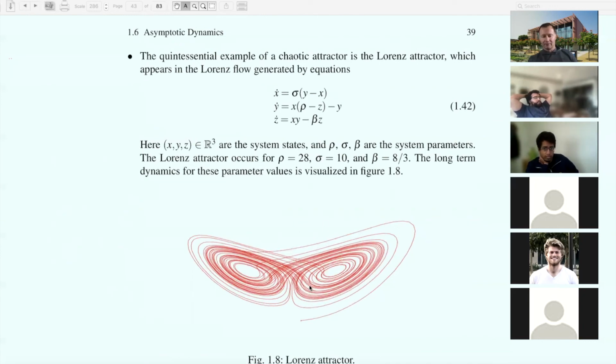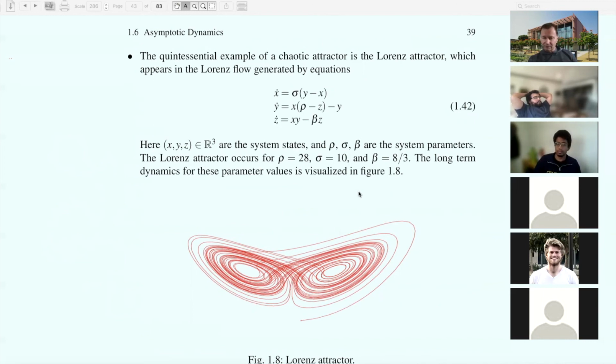It took Luzzatto and Melbourne a very substantial effort to prove that this set of equations, the Lorenz attractor, is indeed mixing. So that was proven only about 12 years ago.